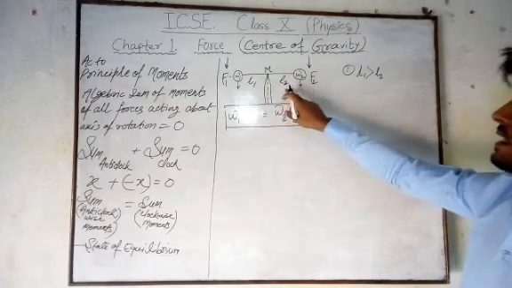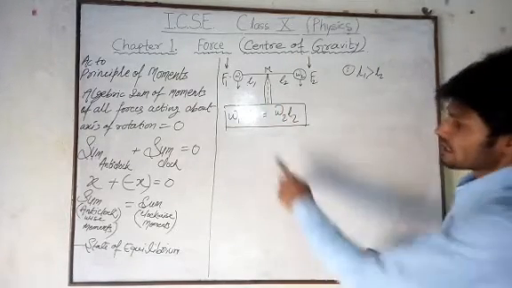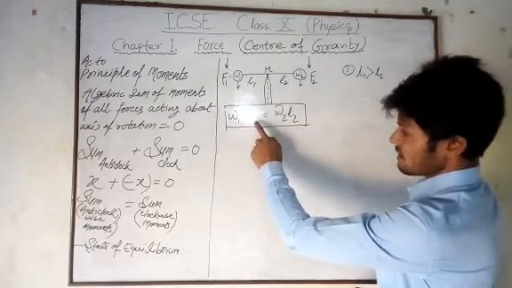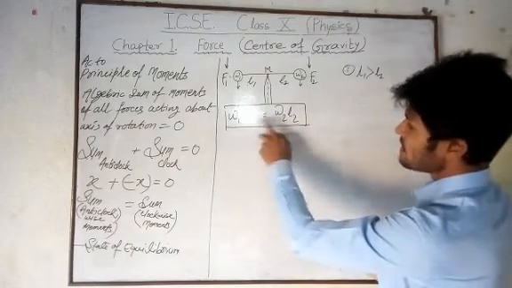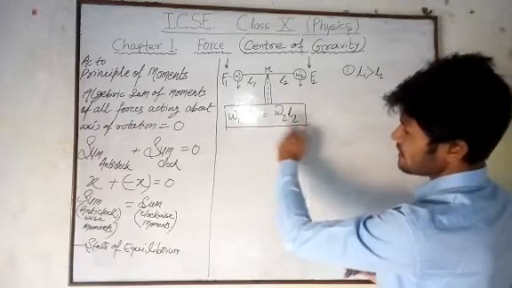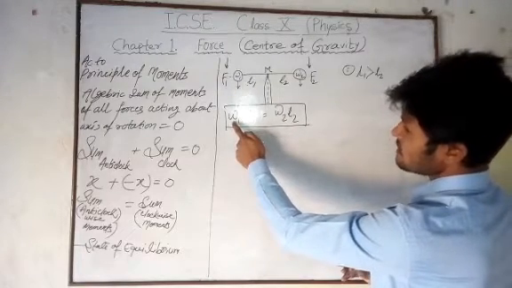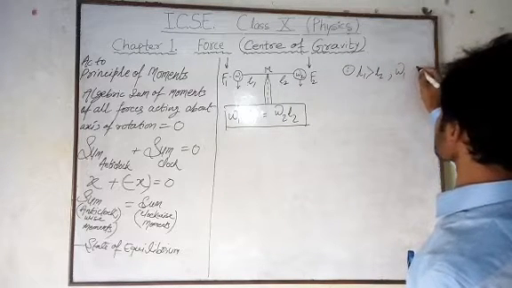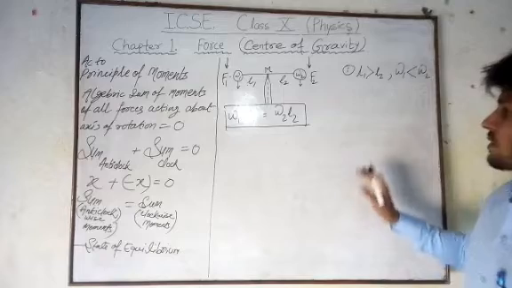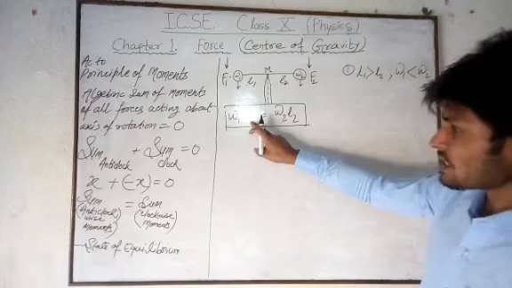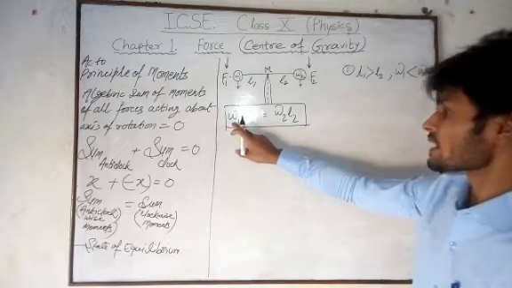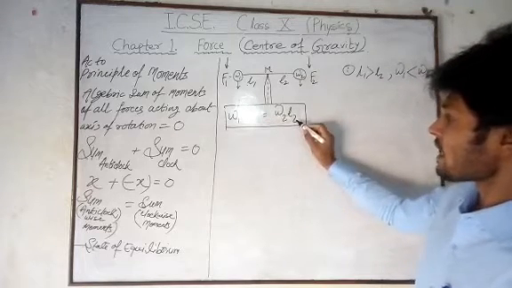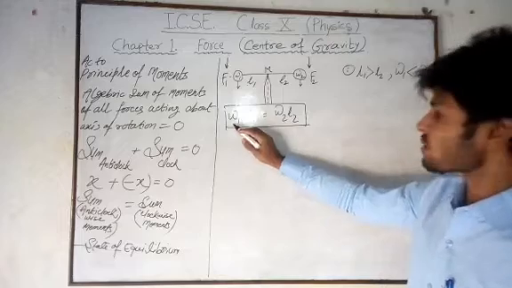Then this relationship will be satisfied only when W1 is lesser than W2. If L1 reduces, W1 should be greater, and if L1 increases, suppose L1 is greater than L2, then W1 should be smaller than W2.